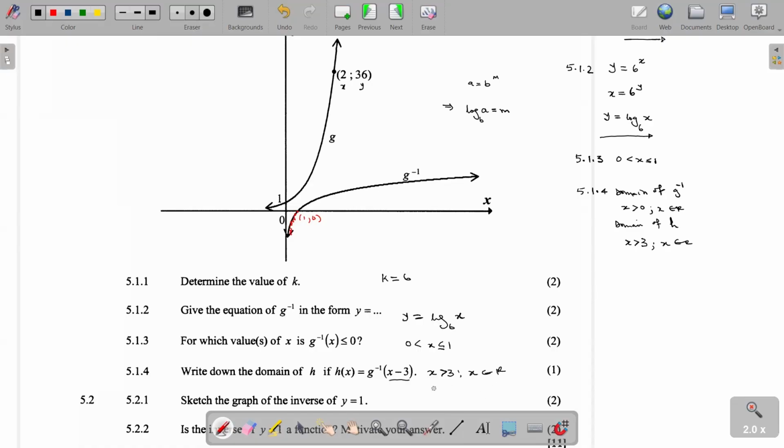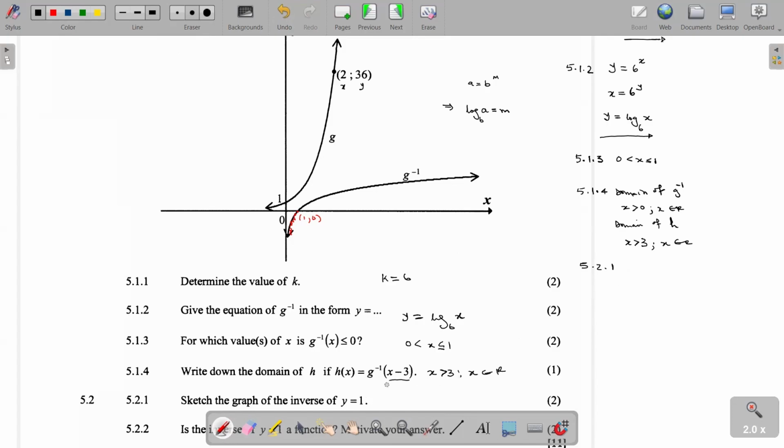Then the next question is 5.2.1. It says sketch the graph of the inverse of y equal to 1.